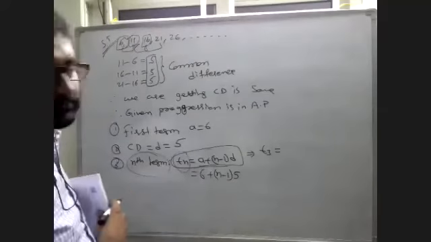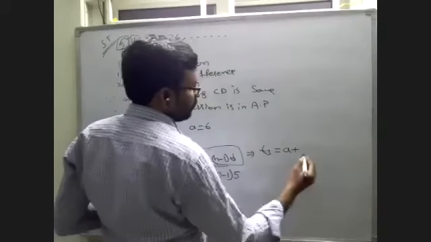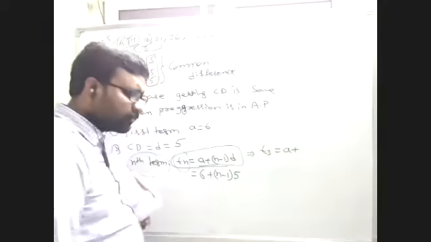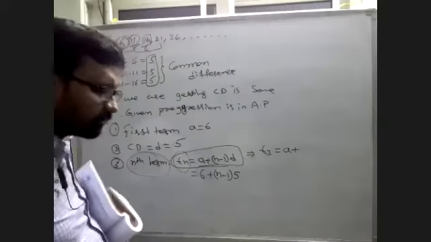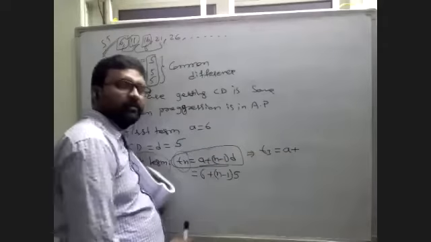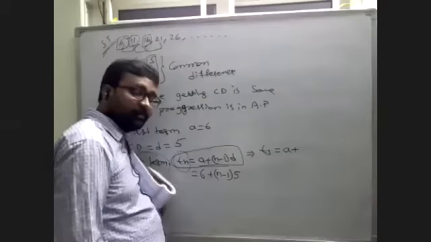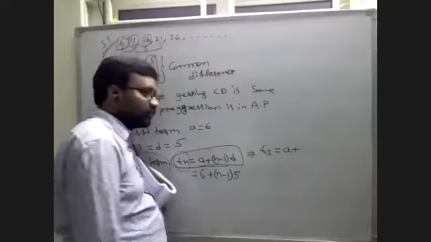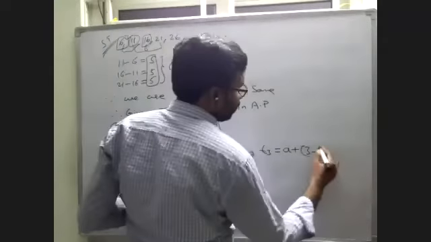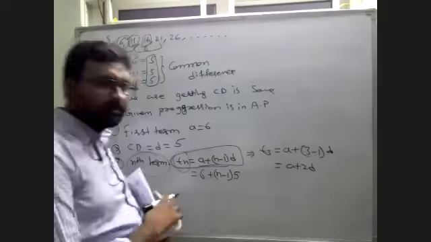N is equal to 3. Then you have to write 3 in place of n: a plus (3 minus 1) into d. Then you can write a plus 2d.